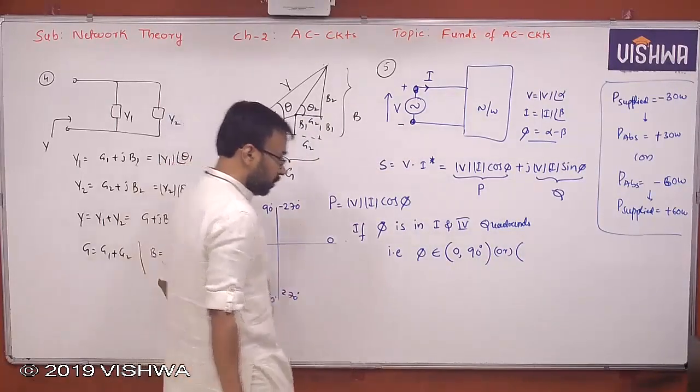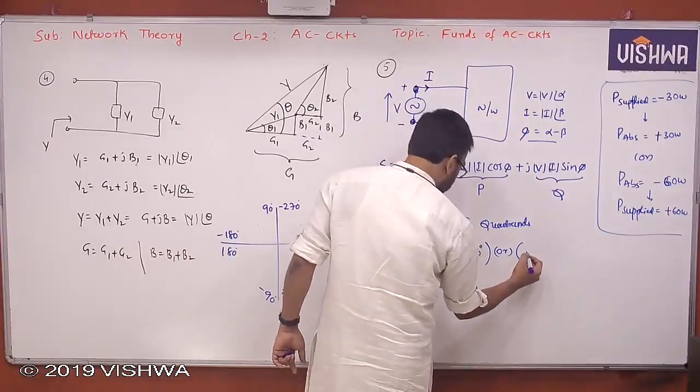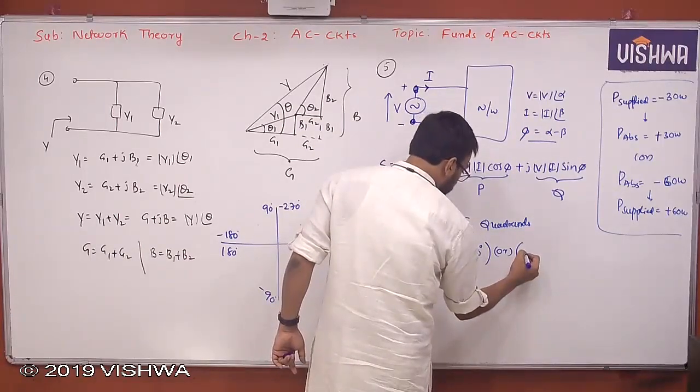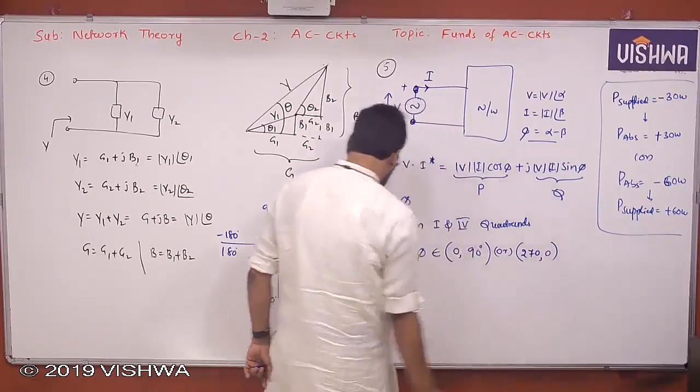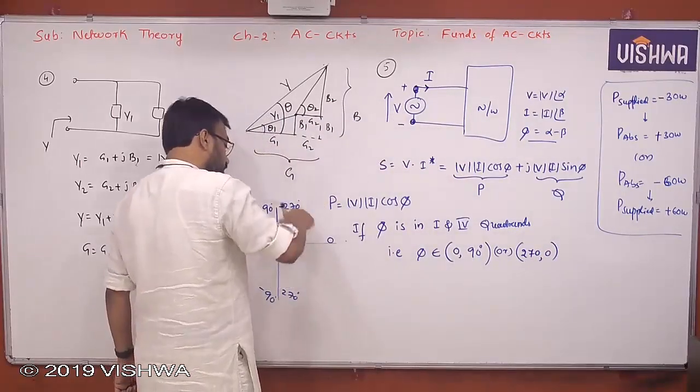Minus 90 to 0, or 0 to 270, or 270 to 0. Yes or no? 270 to 0 or 0 to 90.